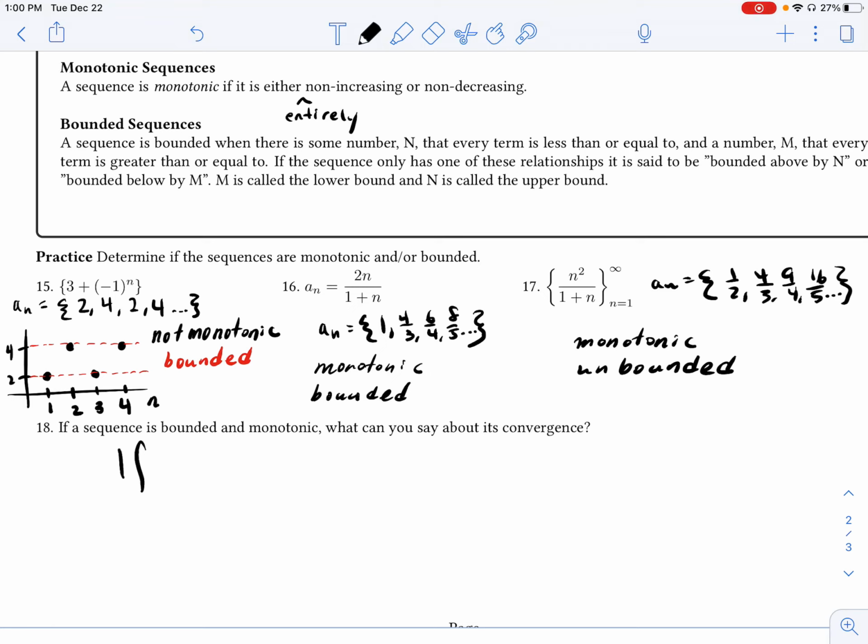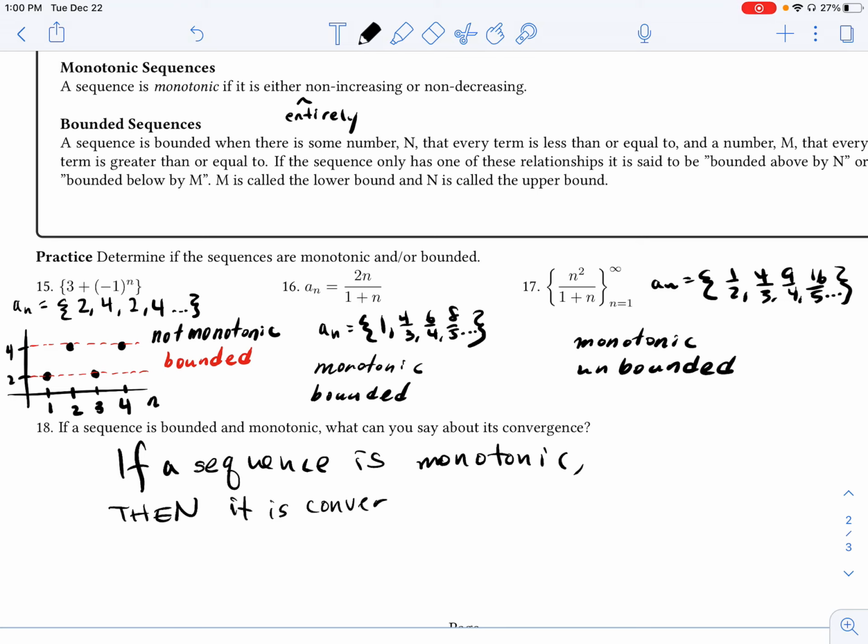This is an important statement that I'm about to write. If a sequence is monotonic, we can say then it is convergent, but it is only convergent if and only if it is bounded, right?